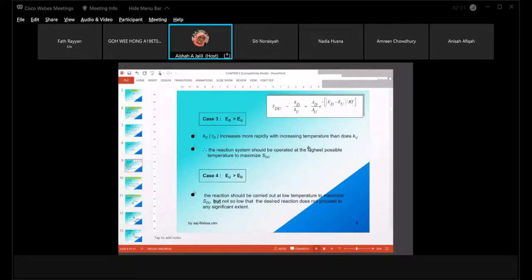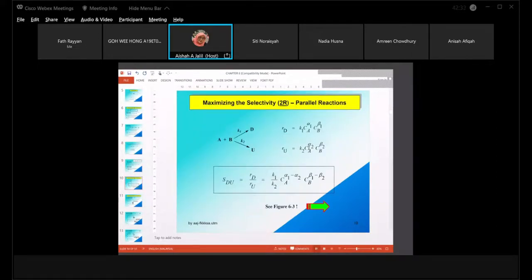And then this is for two reactants. If you have two reactants, for example A plus B, you have desired and undesired product. Similar to the previous one, at this time Rd equals K1 Ca to the power alpha 1, Cb to the power beta 1.